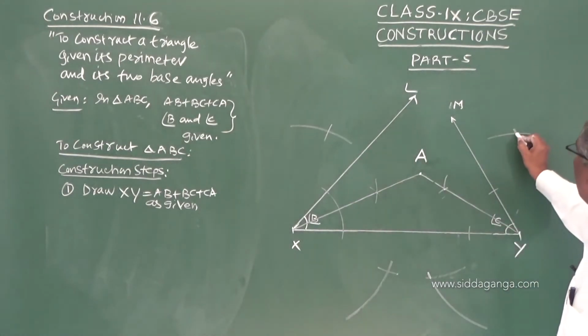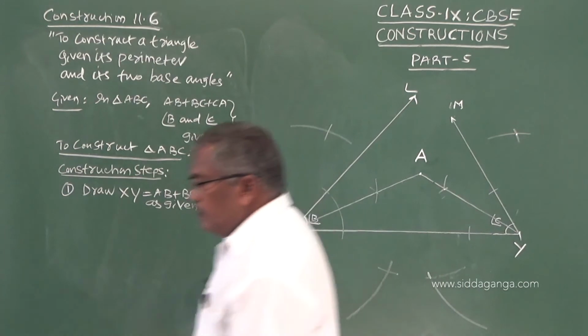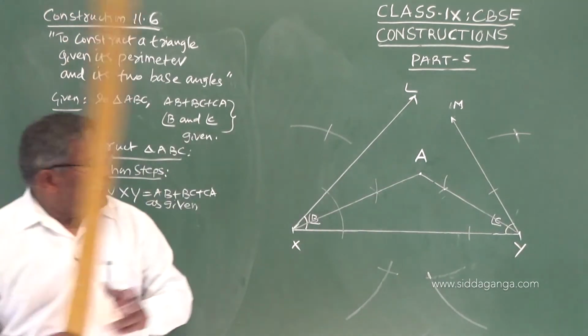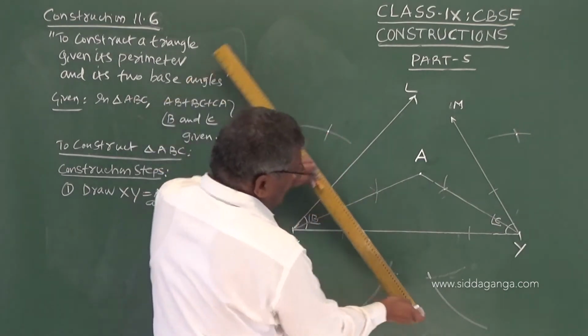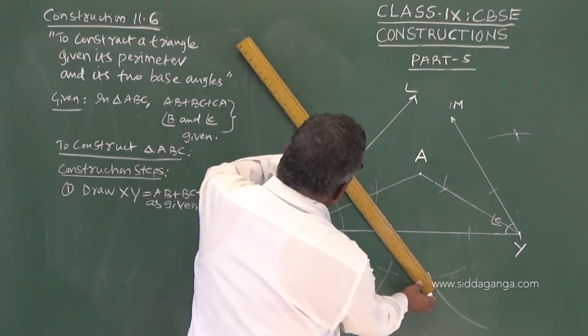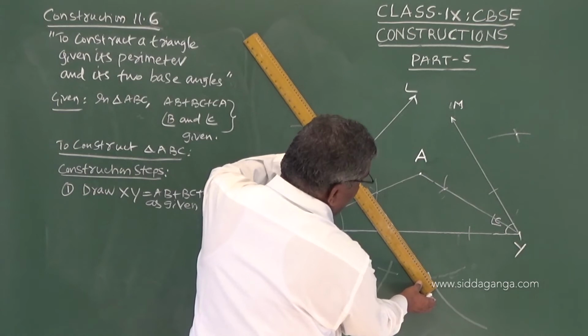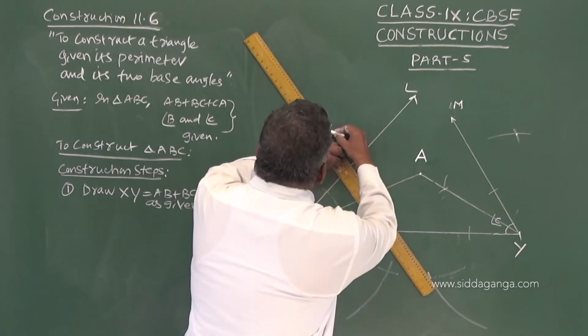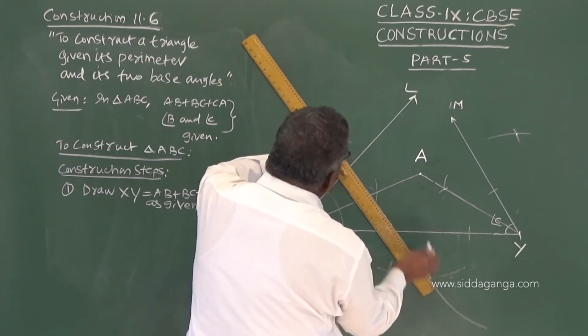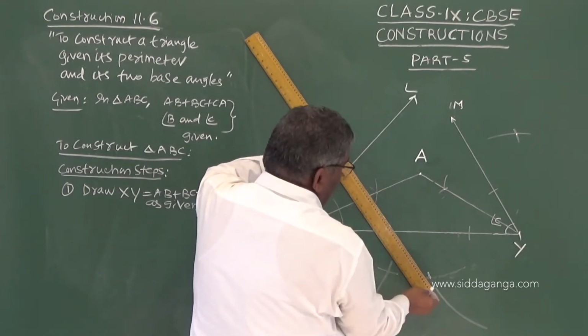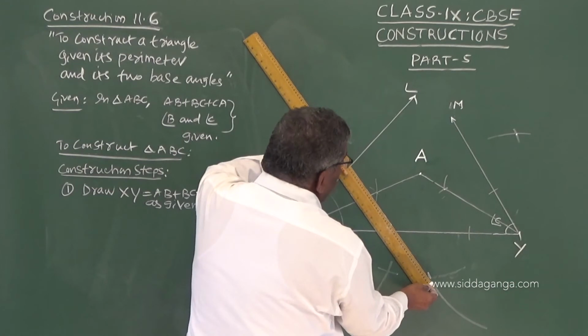So they are cutting here. Okay, now this is the point. Now I will join those two points. This line is the perpendicular bisector of AX. So I will draw a line which is bisecting AX.